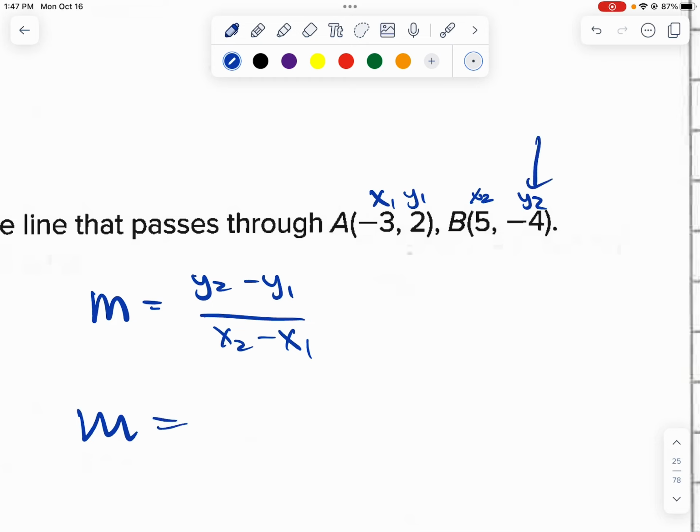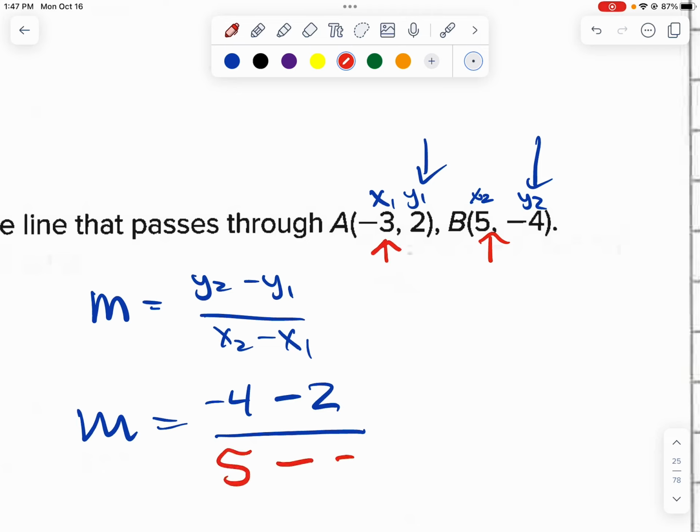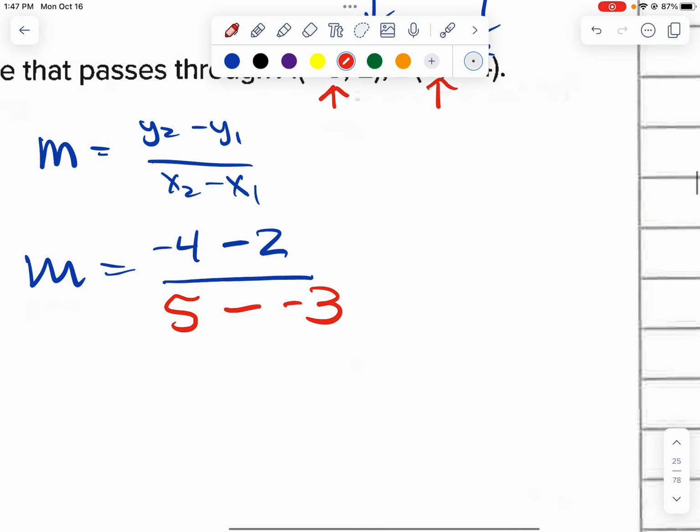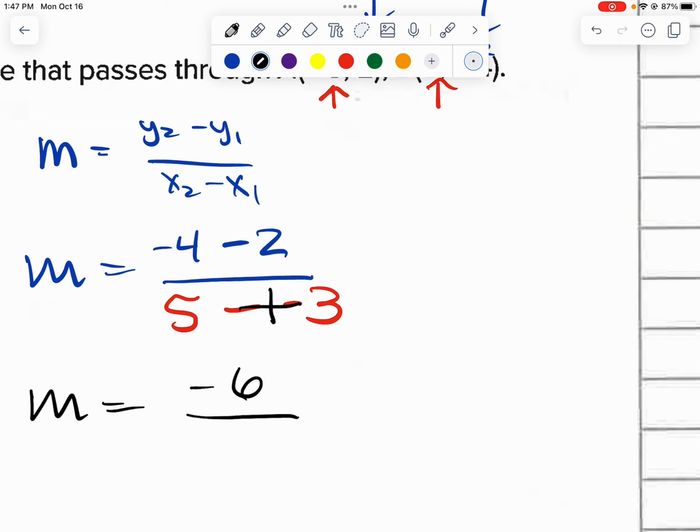So y2 is negative 4 minus y1 is 2. x2 is 5 minus x1 is negative 3. So negative 6 on top, this turns to a plus sign, 8, so negative 3/4.